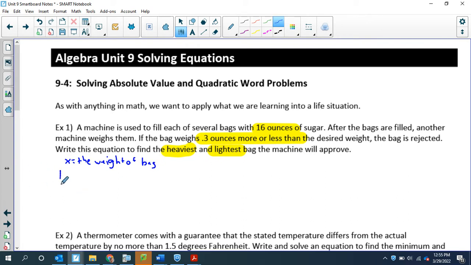So x is going in there, and it's always going to be minus, okay? Because we're going to put our desired amount inside here, what we're trying to get.